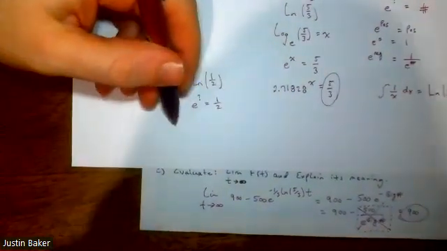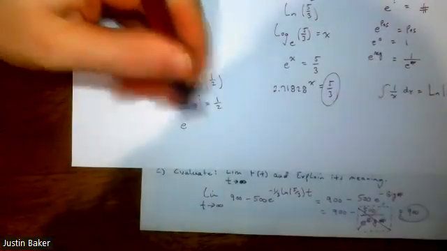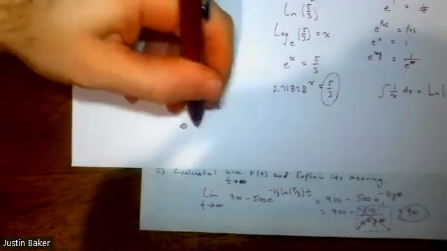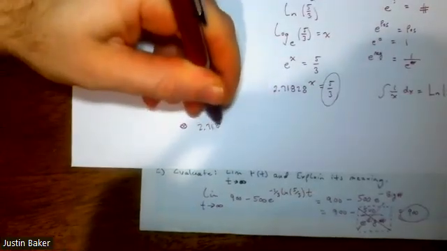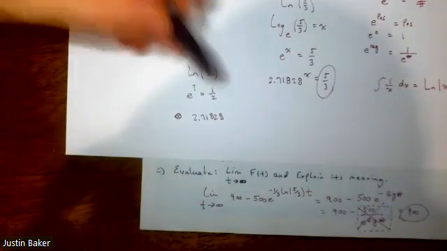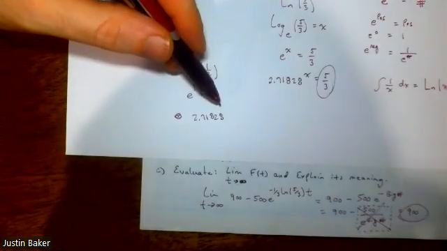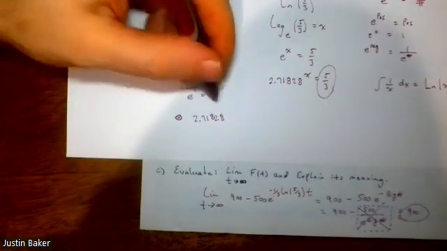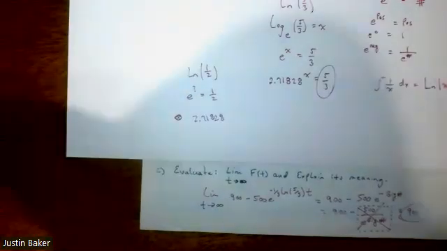So e, we don't know what it is, but if you had 2.71828, I don't know that we would want a negative number in there. I could see it being a fraction because that would make it smaller, but in terms of a negative number, I don't think.